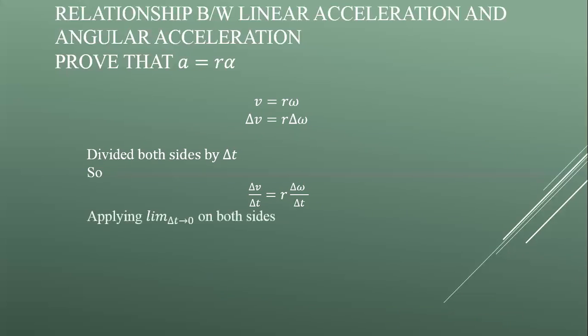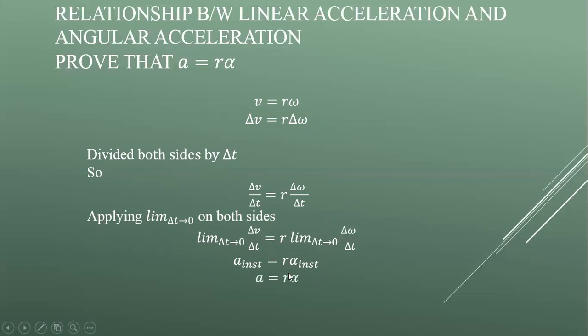By applying the limit delta t tends to 0 on both sides, limit delta t tends to 0 of delta v over delta t is the rate of change of linear velocity at any instant of time, which is the linear acceleration. जबकि इसको आप रिप्लेस कर सकते हो विद अल्फा इंस्टेंटेनियस एंगुलर acceleration.